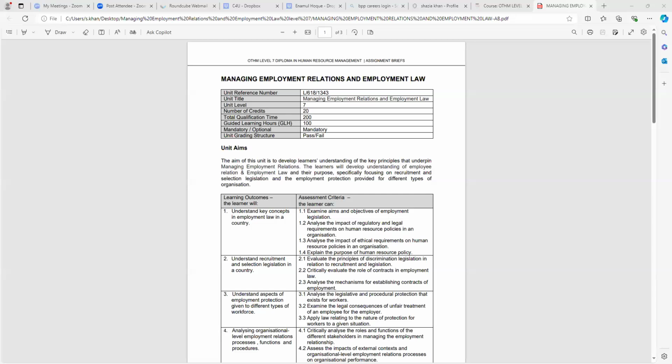So I'll just stop sharing this. And then I'll just open up this, which... let's see if it's opened. Okay, so share this with you. So this is how your assignment will look on Moodle, okay?